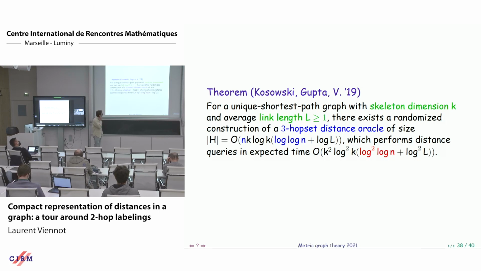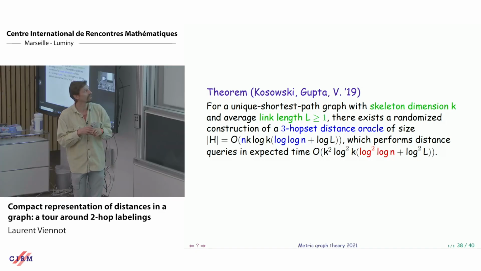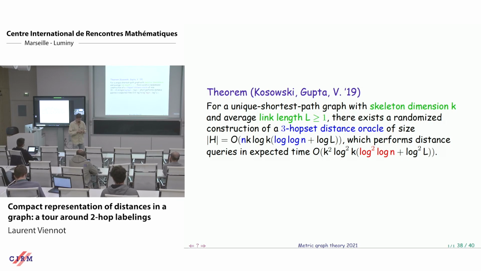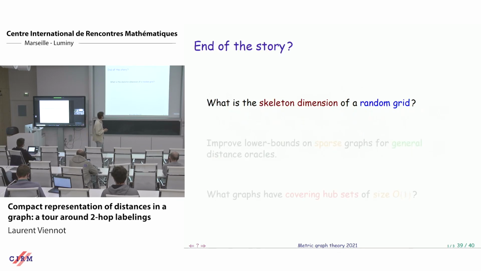If you have a graph with skeleton dimension k, we need another assumption, that the lengths of the edges are bounded by some L. Then we can construct a 3-hop distance oracle with size n times k log k times some log n plus log L. If you just look at the n factor, so if k and L are constant, you get n log n size and log n squared query time. The construction is a bit involved, and I will not go into this.